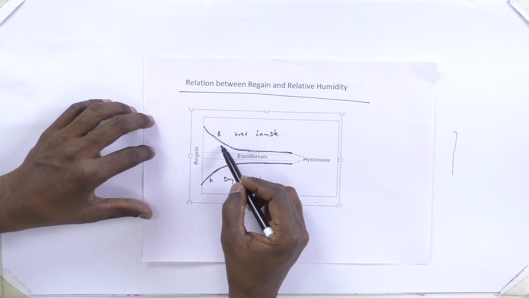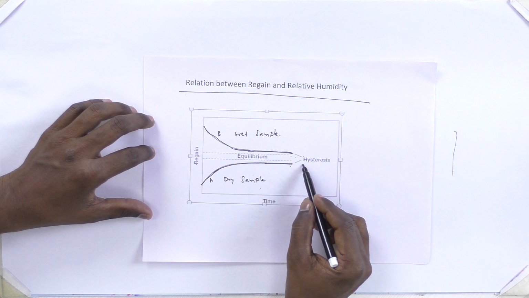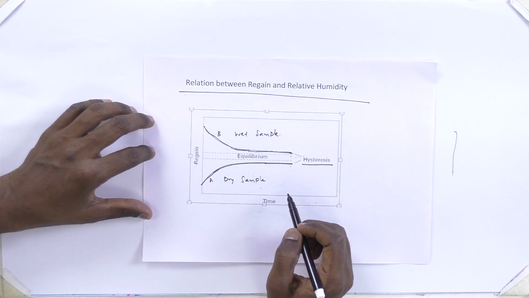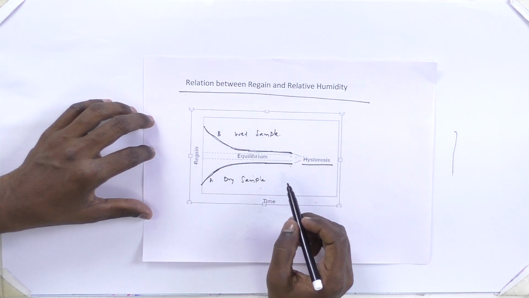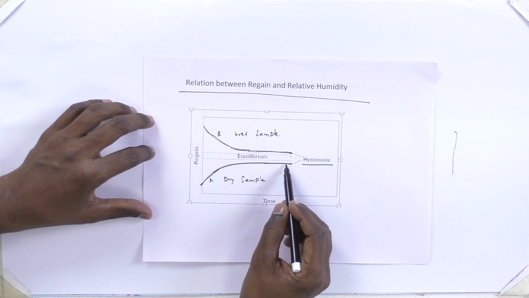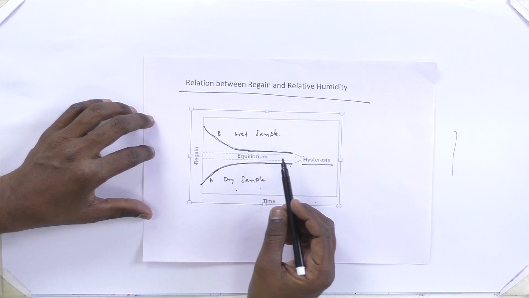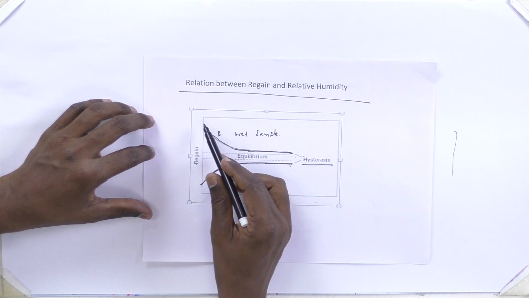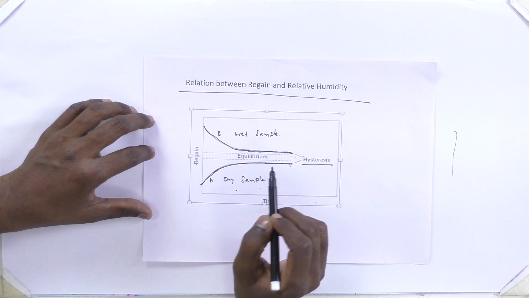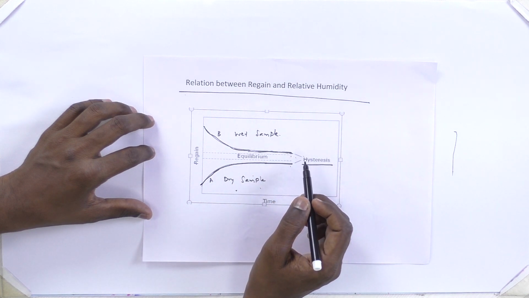But even though both are the same sample, the equilibrium condition of the dry sample is not equal to the equilibrium condition of the wet sample. This phenomenon is known as hysteresis. So the regain value or equilibrium condition of the dry sample is less than the equilibrium condition of the wet sample.